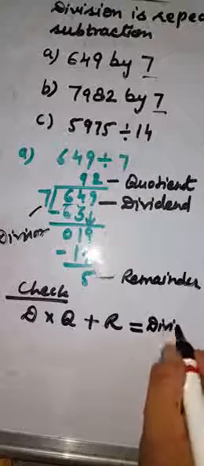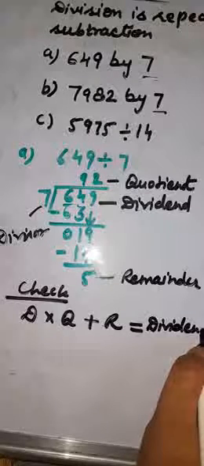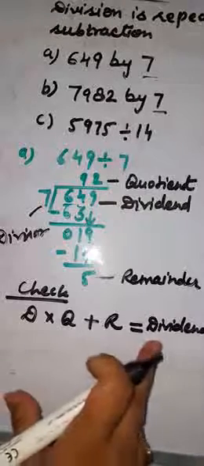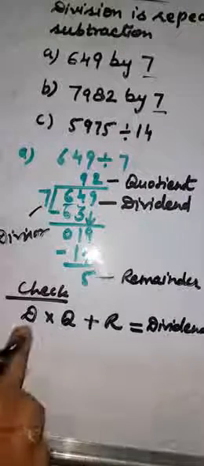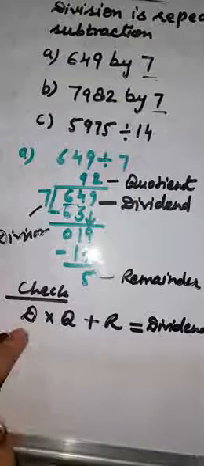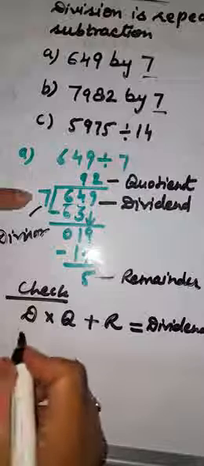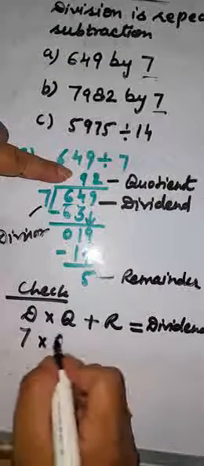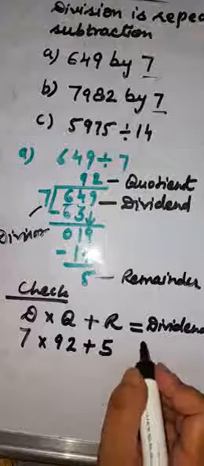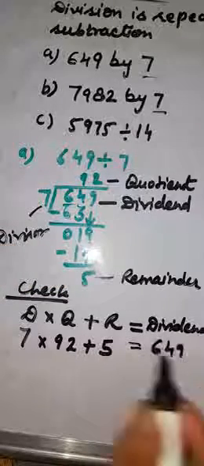So the dividend, we write the whole spelling, because here we have written D and D. So this D means divisor, multiply by quotient. Here we have 7 as the divisor and the quotient is 92, plus the remainder is 5. Okay children, and our dividend is 649.